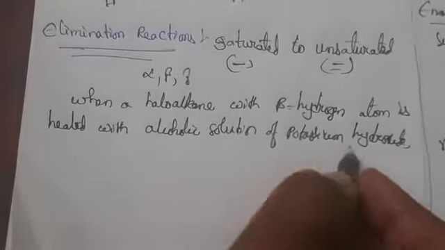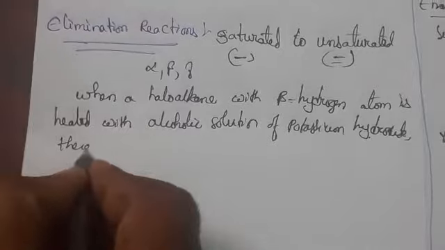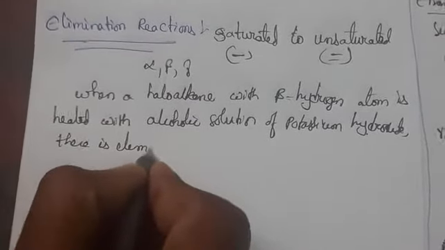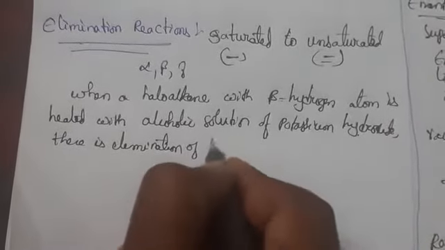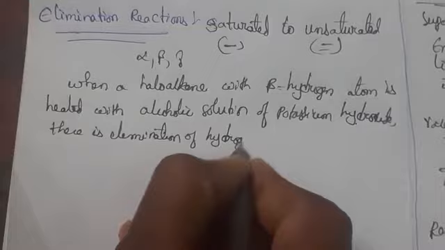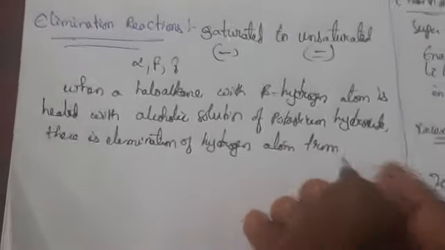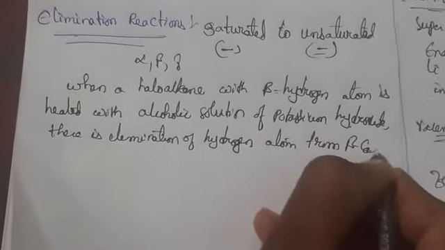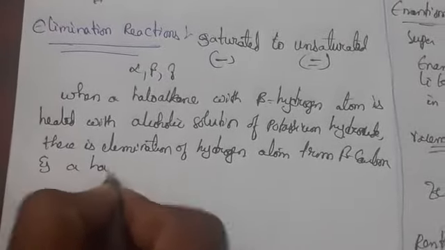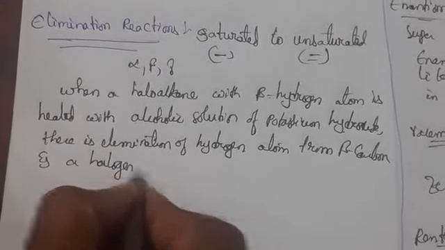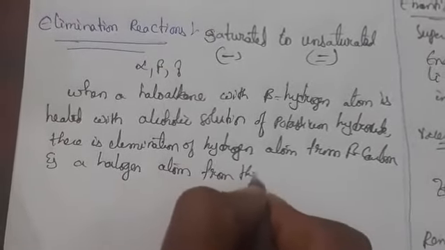So with potassium hydroxide there is elimination of a hydrogen atom from the beta carbon and a halogen atom from the alpha carbon.